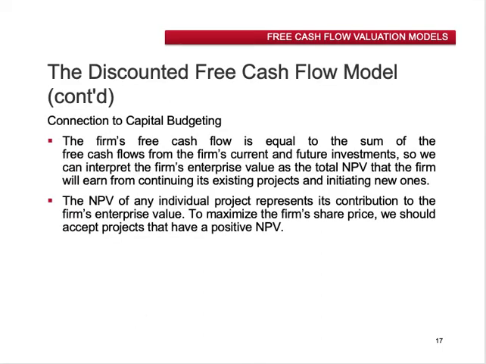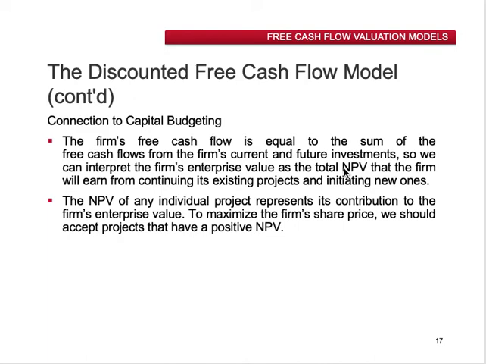Let's have a look at the connection between enterprise value and capital budgeting. Now, the firm's free cash flow equals the sum of the cash flows from the current and future investments. So the enterprise value can actually be broken down into the NPVs of all projects.